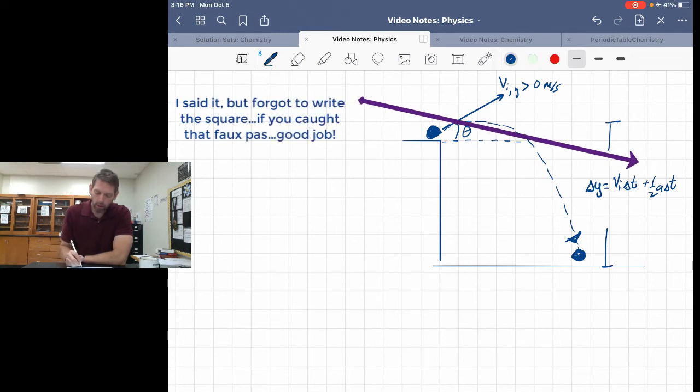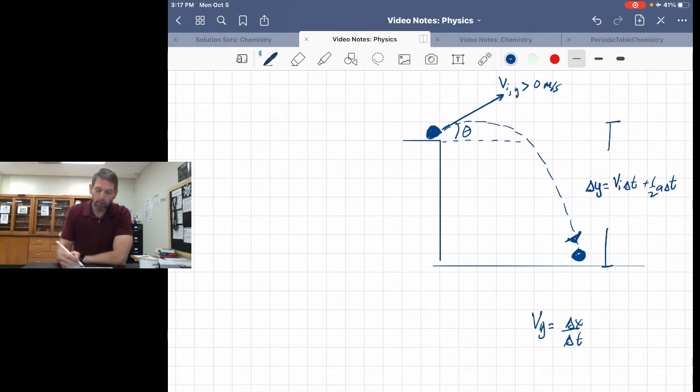So if we think about our velocity along the y, we've got delta x over delta t. The only thing that's really different now is we have to account for what is happening along the y-axis.